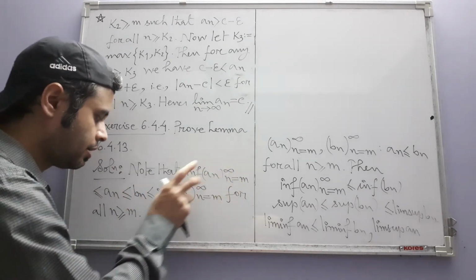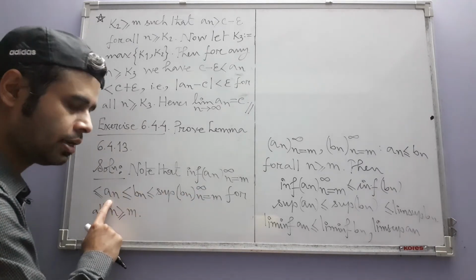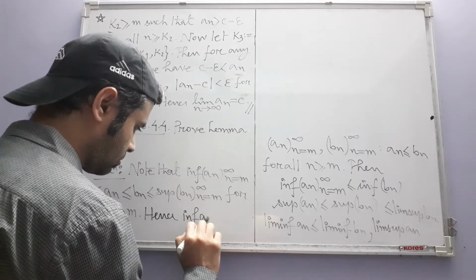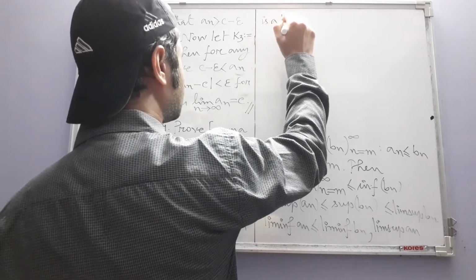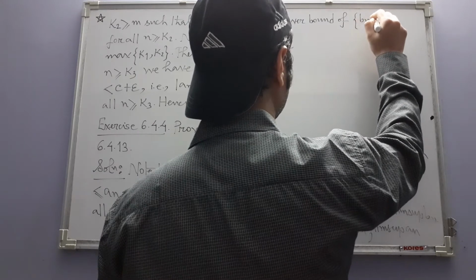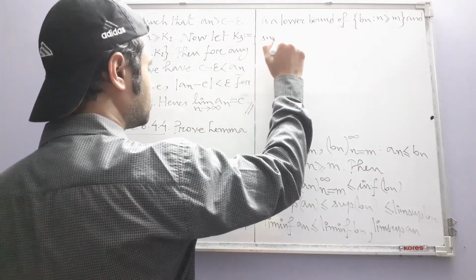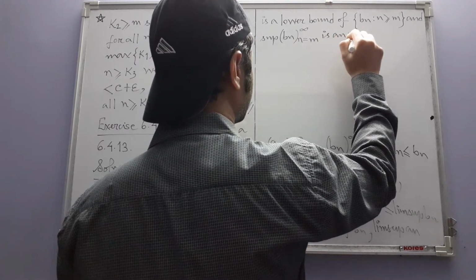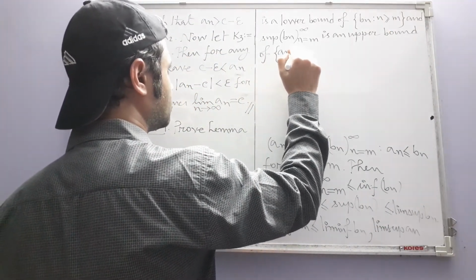That means this is a lower bound of all the Bn's, and just like that, the other thing is that this is an upper bound of all the An's.